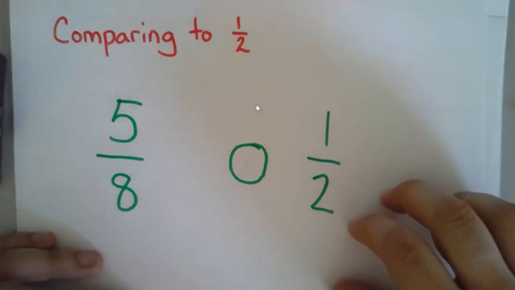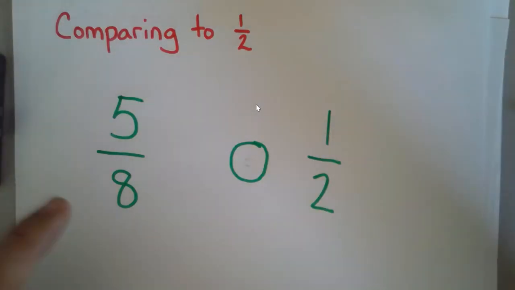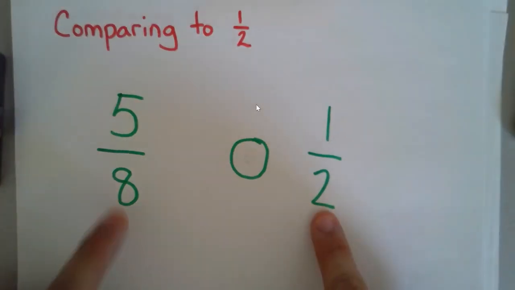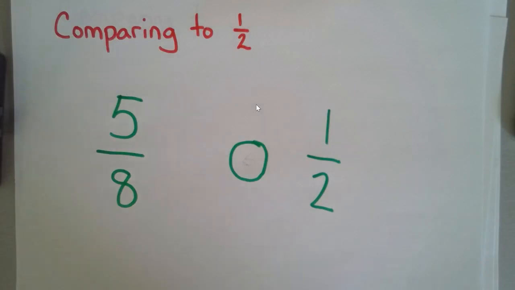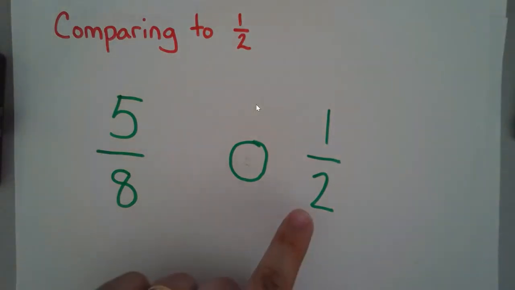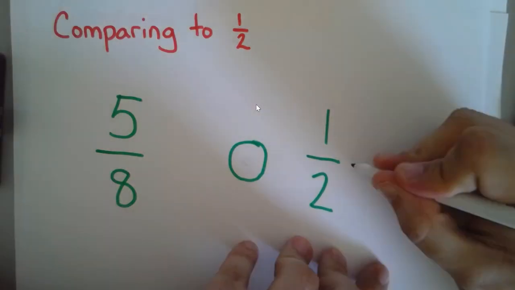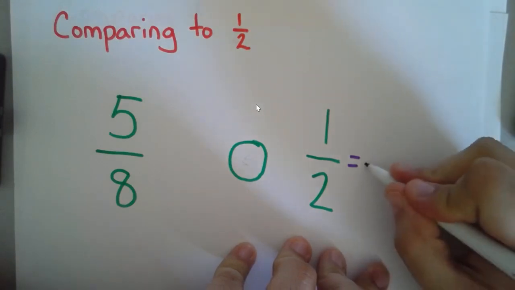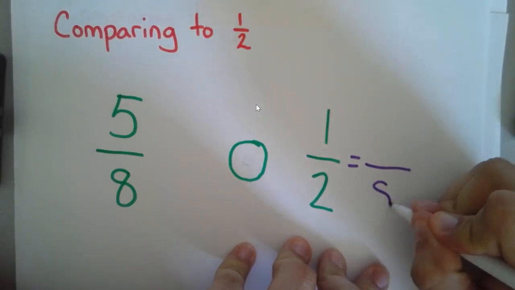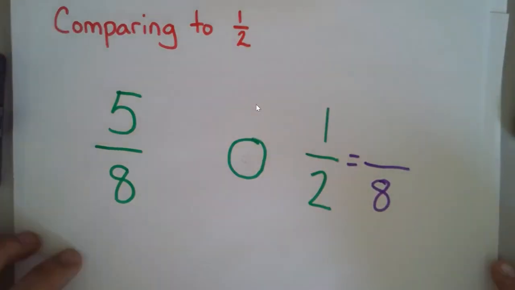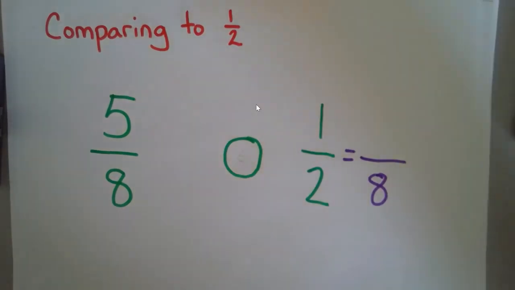So what I need to do is, gosh, I'm working in eighths and I'm working in halves, and that's hard for me to work with. What I need to do is I need to figure out how can I turn my half, my fraction of 1/2, into an equivalent fraction, but something that works with eighths. So another way I can think about that is what's a fraction equivalent to 1/2 with a denominator of 8?